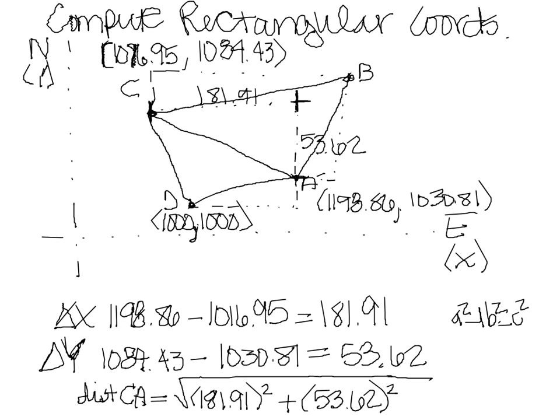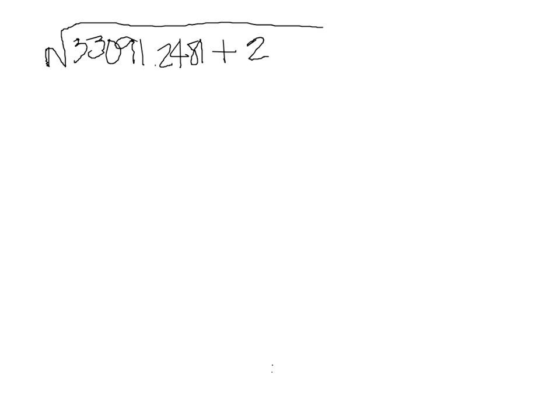I need a new slide. Here we go. So we're going to get the square root of 33091.2481 plus 53.62 squared, which is 2875.1044.